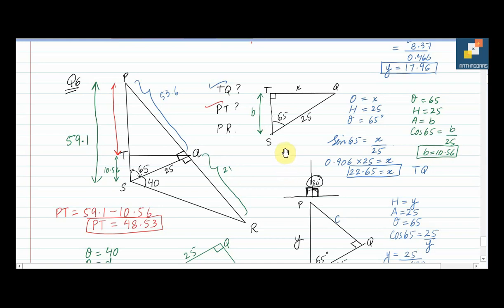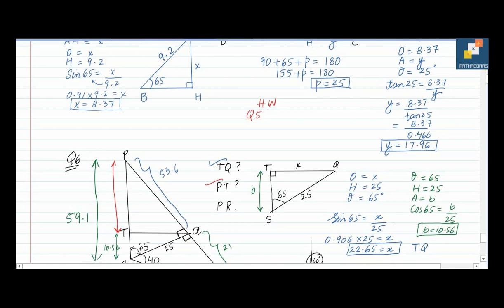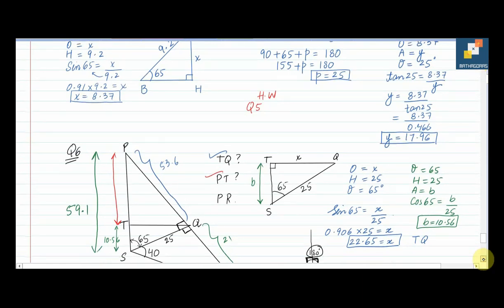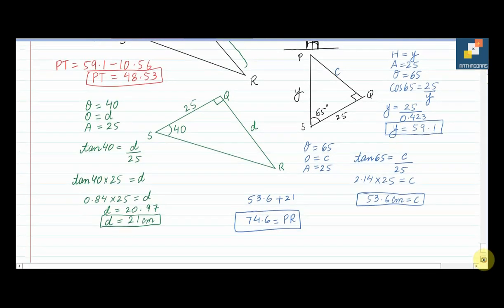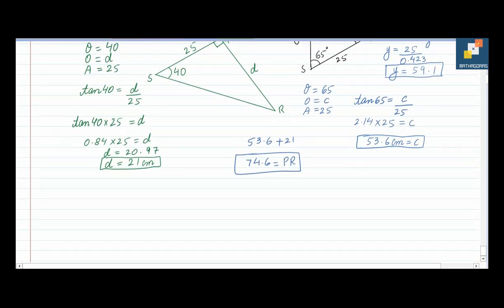You can try it by yourself and judge whether you need to draw it or not. After that question, you need to do question number 6 as your homework. A similar type of question but different values, so you need to attempt it by yourself, right?